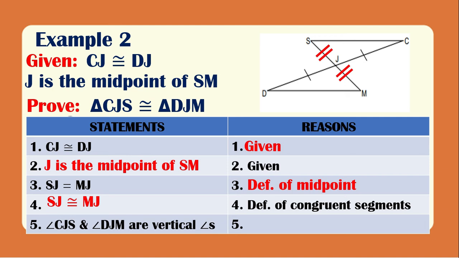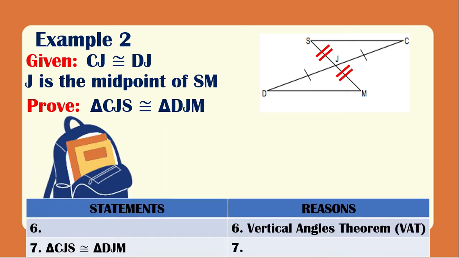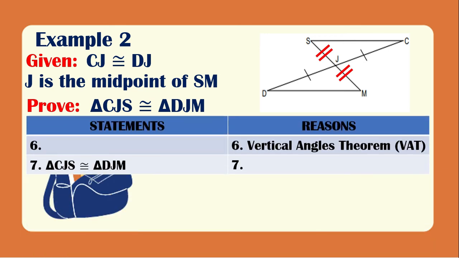And then for the fifth statement, we have angle CJS and angle DJM are vertical angles. The reason will be definition of vertical angles. Let's have the sixth reason. The sixth reason is vertical angles theorem. What is vertical angles theorem?